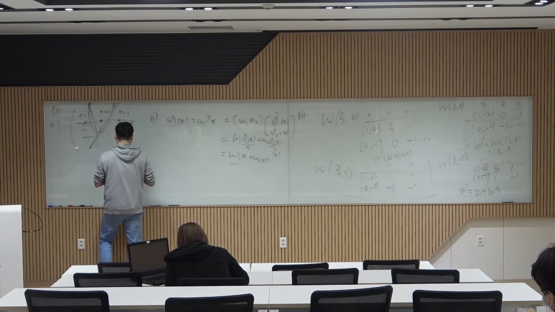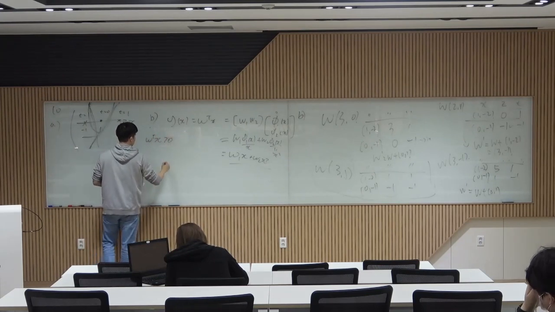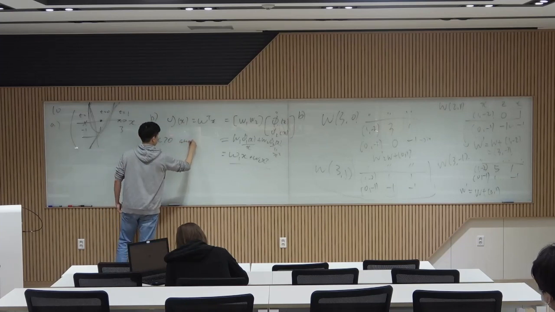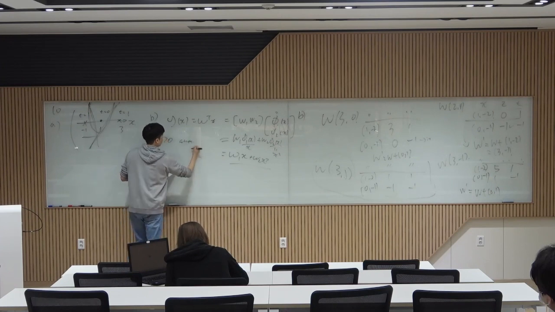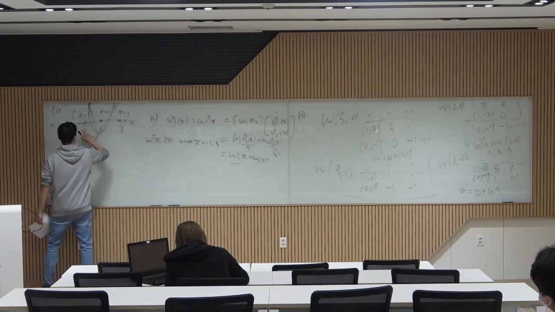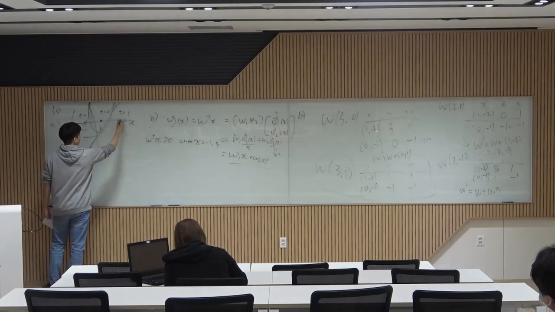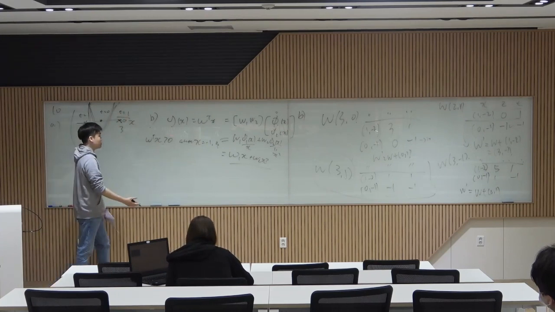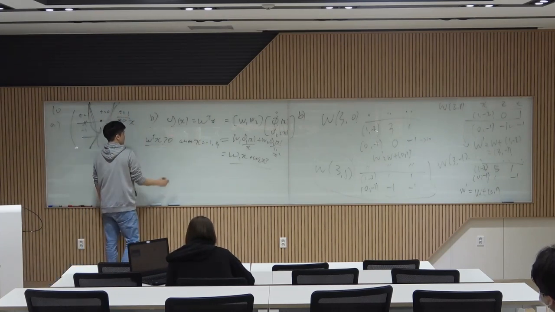The constraint should be omega transpose x is bigger than or equal to 0 when x is negative 1 and 3. As you can see, when x is negative 1 and 3, the label is positive, t is equal to 1, so it's the positive class, so we can write this.